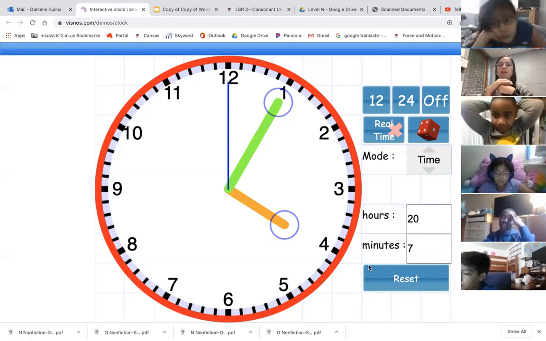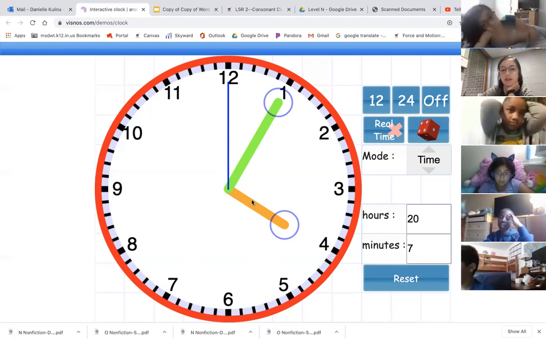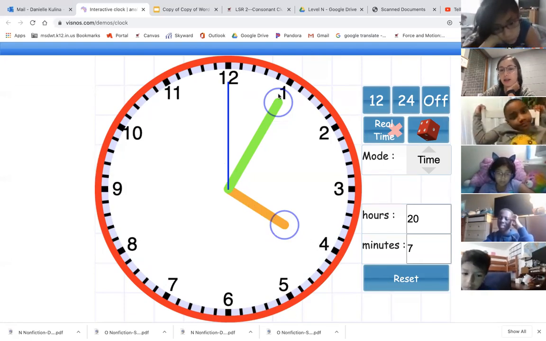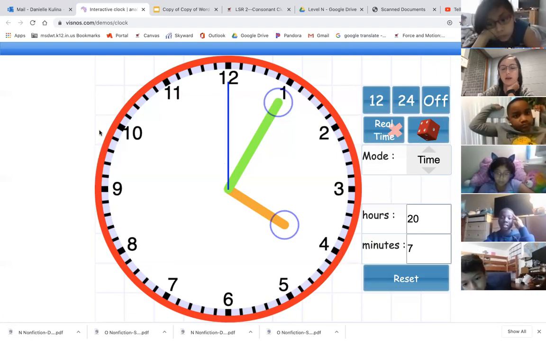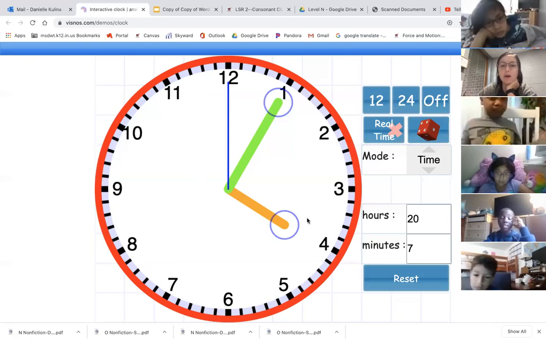Some of you guys are getting the minute and the hour hand mixed up. The short one is the hour, so that's going to come first. So it's 4. 4 what? What is my minute hand pointing to? 4 what? Go ahead and recheck because a lot of you guys are telling me it's 1. That's not 1.